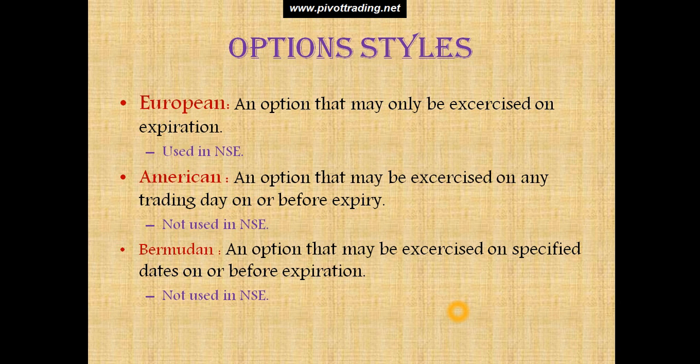So what it says is you can exercise an option on specified dates or on or before expiration. Now, let me explain in simple language. Let's say today you have entered into a contract with Mr. X that you will sell 100 shares of Reliance after 10 days.